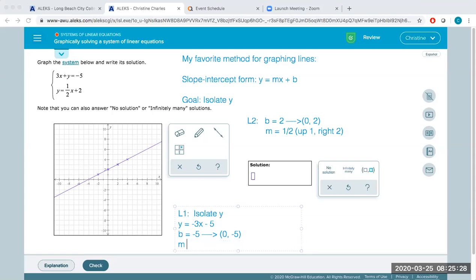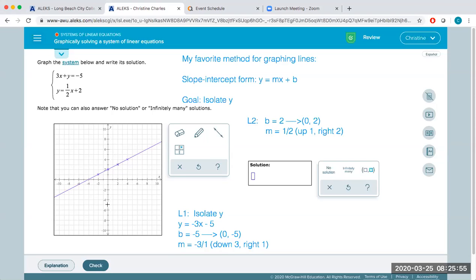My m value, since it's an integer right now, we want to make that into a fraction, negative 3 over 1, which means down 3, right 1. So let's start graphing this.